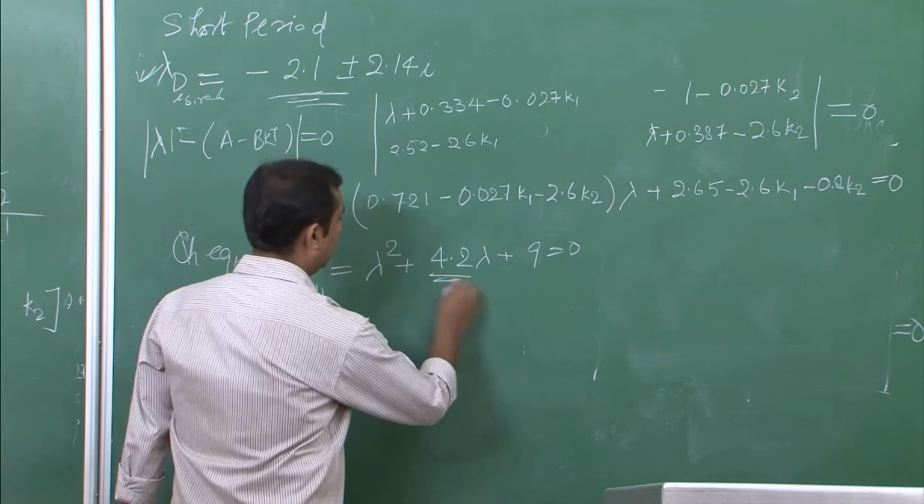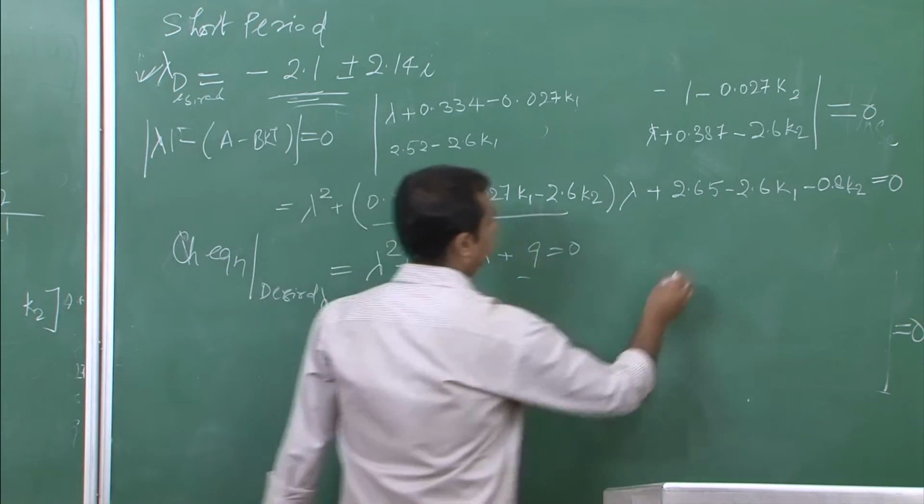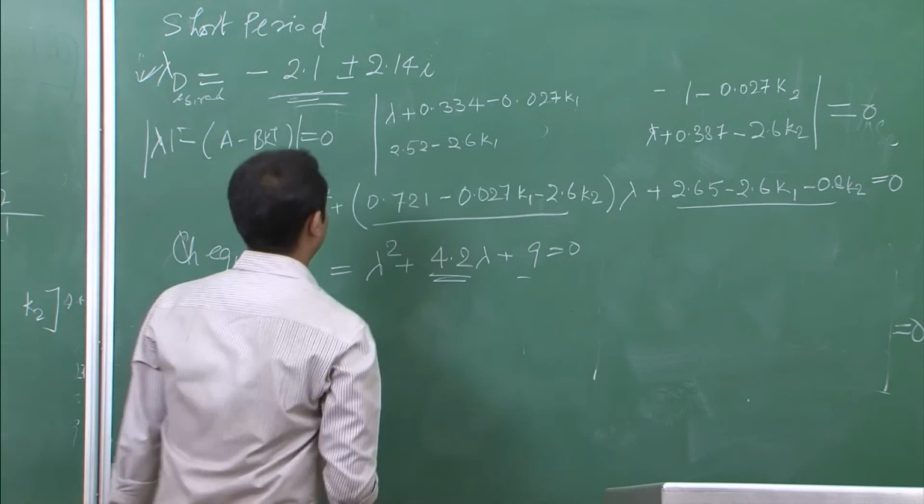Now comparing the coefficients, 4.2 equals this coefficient and 9 equals this coefficient.